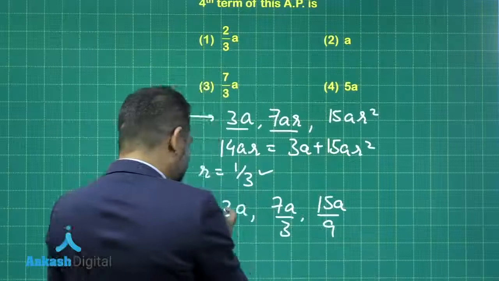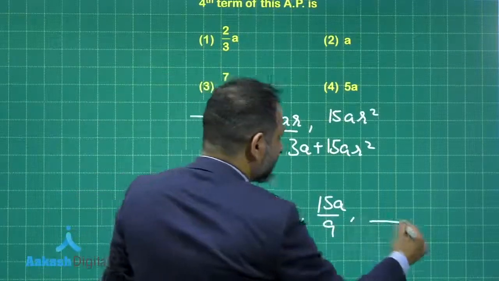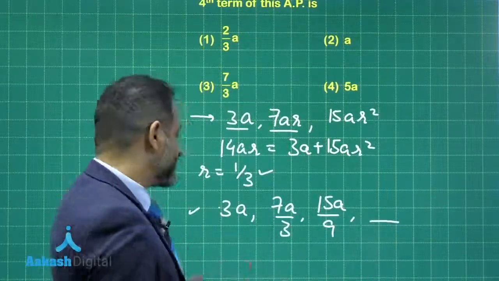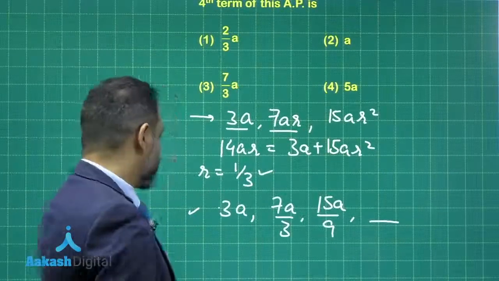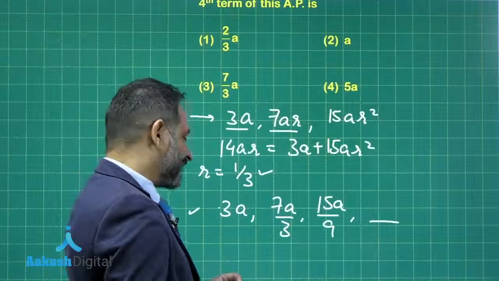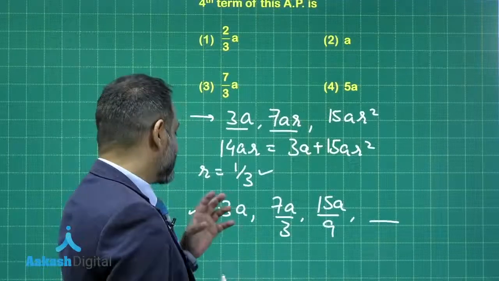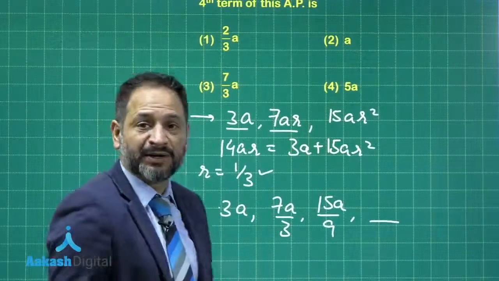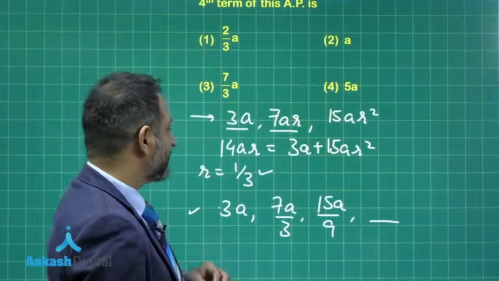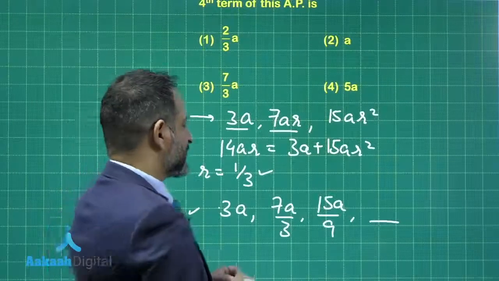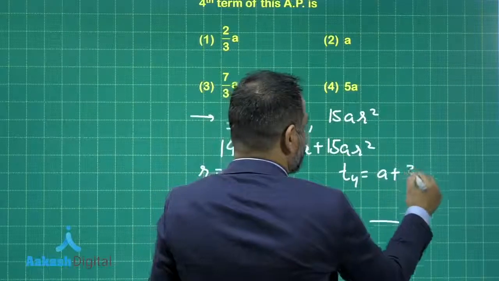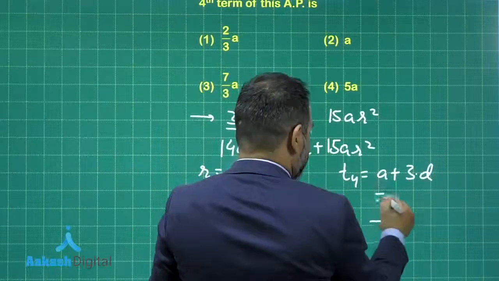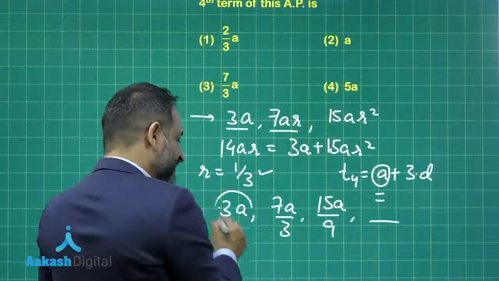Now these three are in AP and we want to find out the fourth term. This can be easily done. If you calculate the difference, that comes out to be negative. The difference you will get is minus 2A by 3, and now finding the fourth term, which is equal to A plus 3D, but the first term here is 3A.